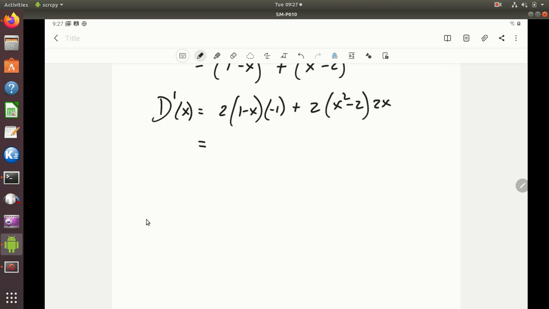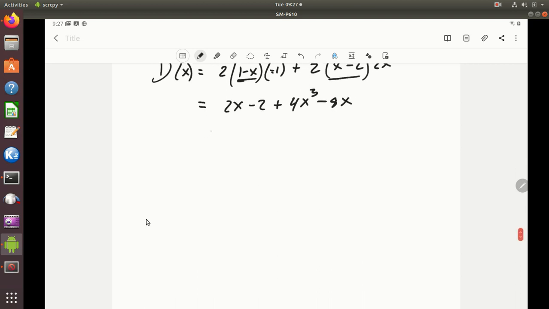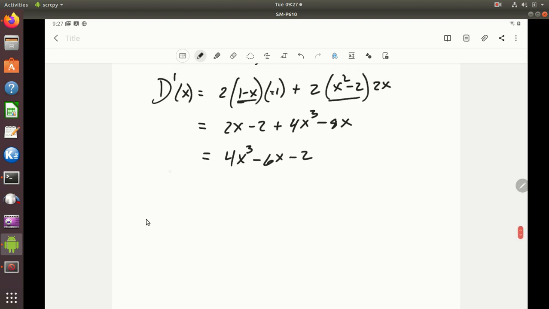I've got a negative 2 times 1 minus x, so that'll be a 2x and minus 2, and then plus I've got my 4x times all this stuff, so I'll get a plus 4x cubed and minus 8x. And so this is 4x cubed minus 6x minus 2. So now I'll set that equal to 0.